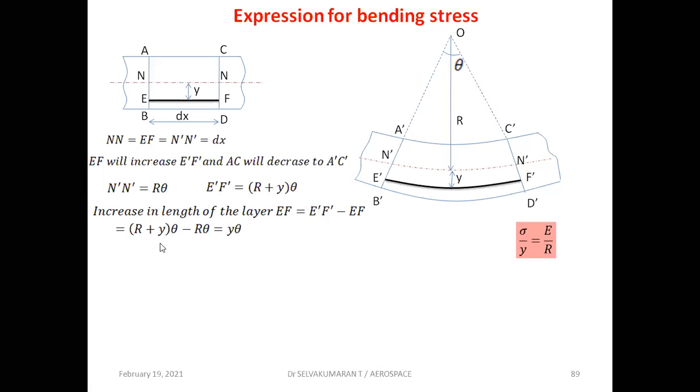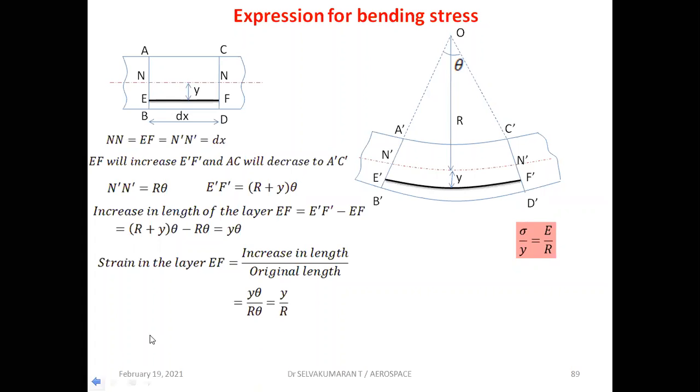So the increase in length is R plus y into theta minus R theta, which is equal to y theta. Strain is change in length by original length. So the increase in length is y theta, and the original length is R theta, because R theta remains the same. So strain in the layer EF is y by R.